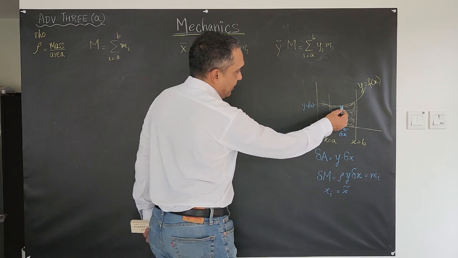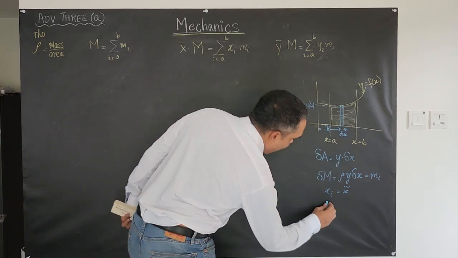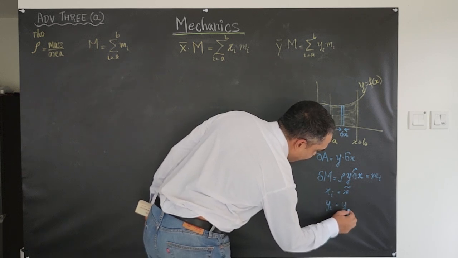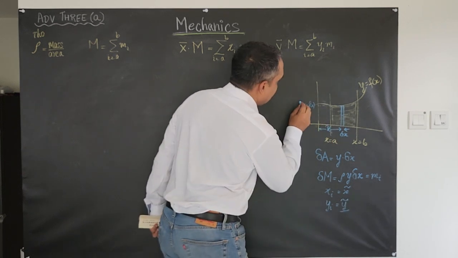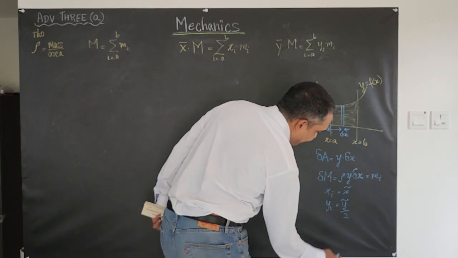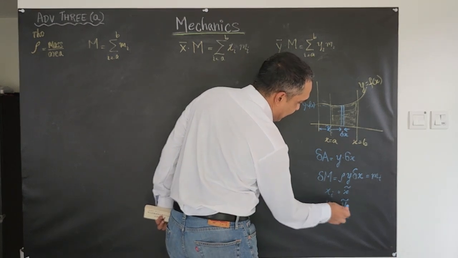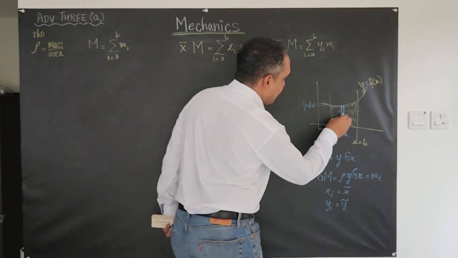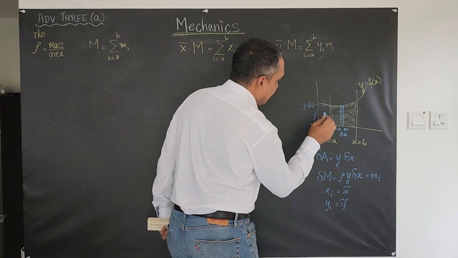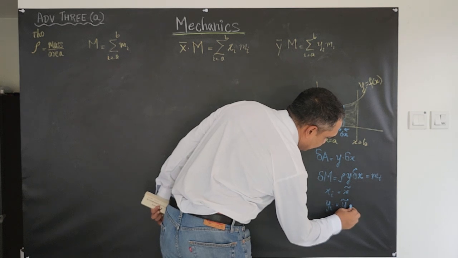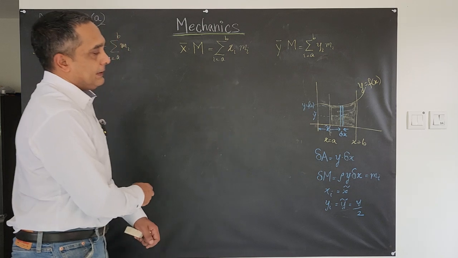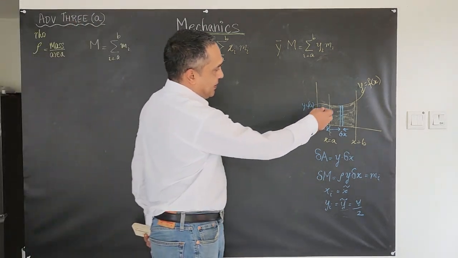But what would be y? yi would be, we know, y tilde, which is equal to y by 2. With me so far? So this is the rectangle.